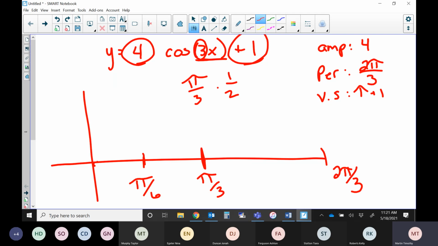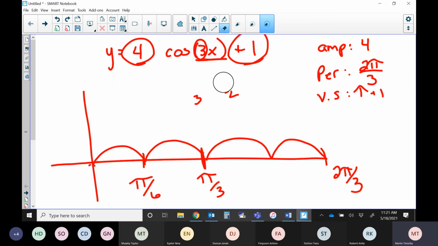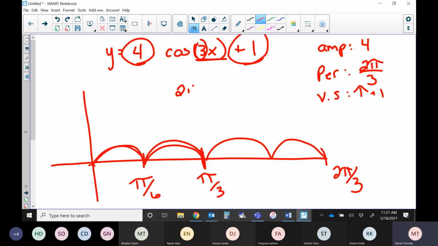What that means is this distance is a pi over 6, this distance is a pi over 6, and this distance is a pi over 6. That means you are adding pi over 6 each time. So this would technically be 2 pi over 6, but we know that reduces to pi over 3. Then this one would be 3 pi over 6, which reduces to pi over 2.